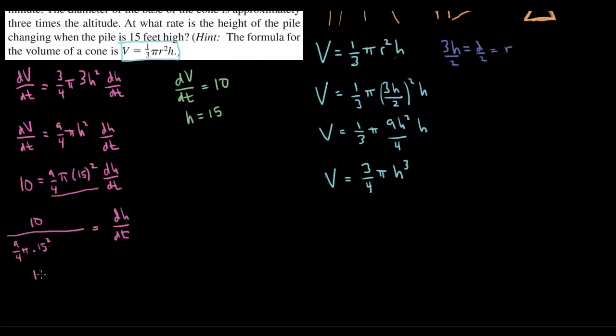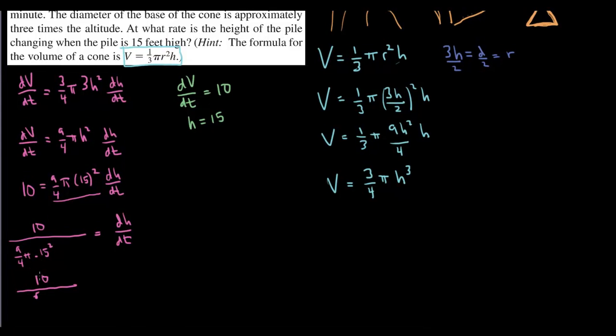So, okay, that's 10. Now this doesn't simplify at all. So 9 times 15 squared gives us 2025. Oh, sorry about that. That gives us 2025 pi over 4. And so that's still dh dt.